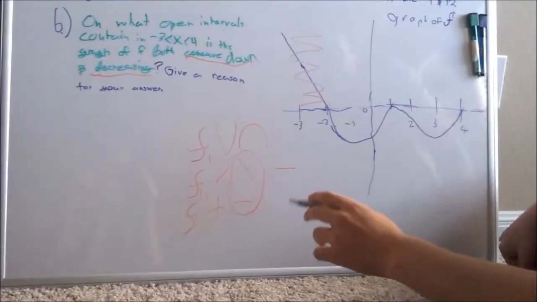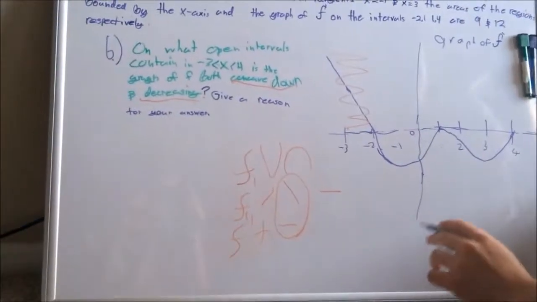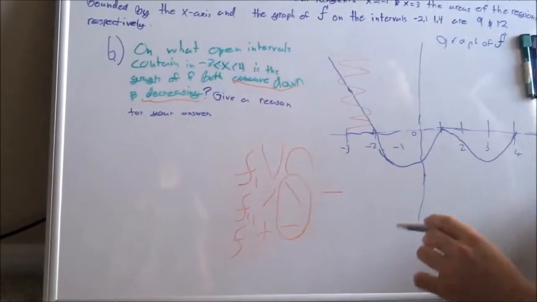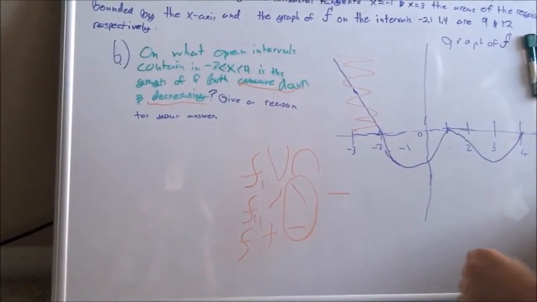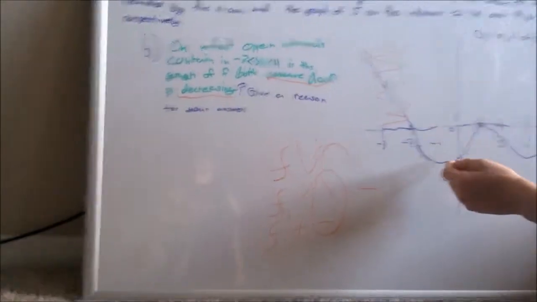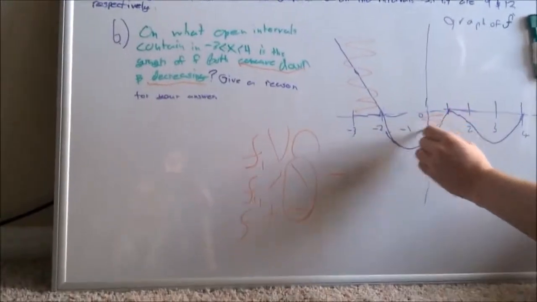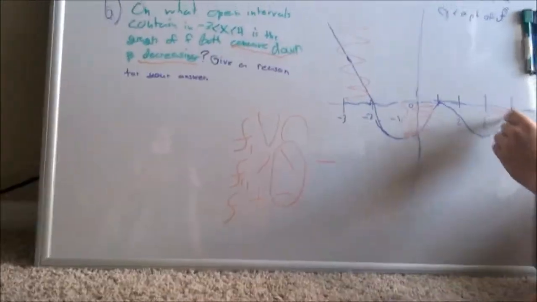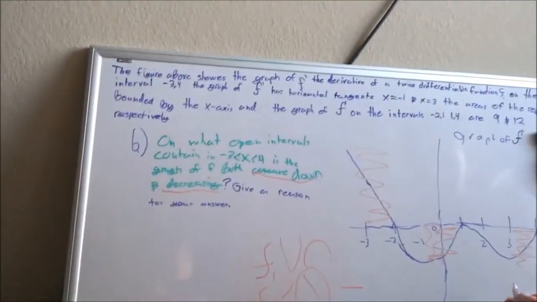Now, f double prime has to be negative. Now this means that at any point where the slope of f prime is positive, not necessarily its position, but its slope, that can't be used. So for example, negative 1 to 1, it's approaching 0 from negative, so this area doesn't work. And 3 to 4 does not work, because in both of these cases, it's rising up.